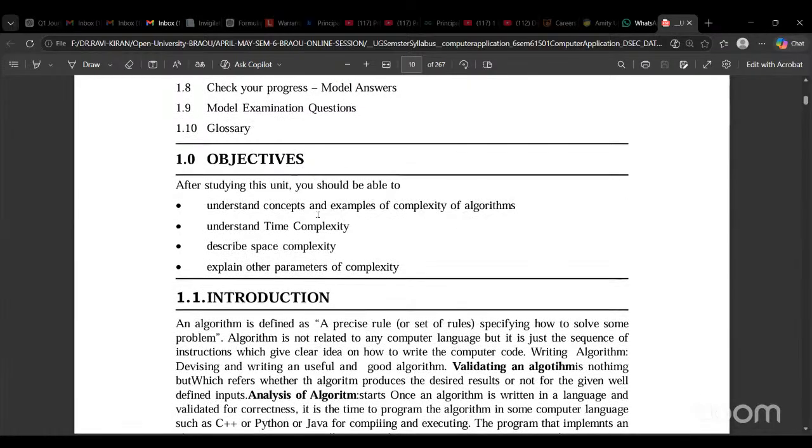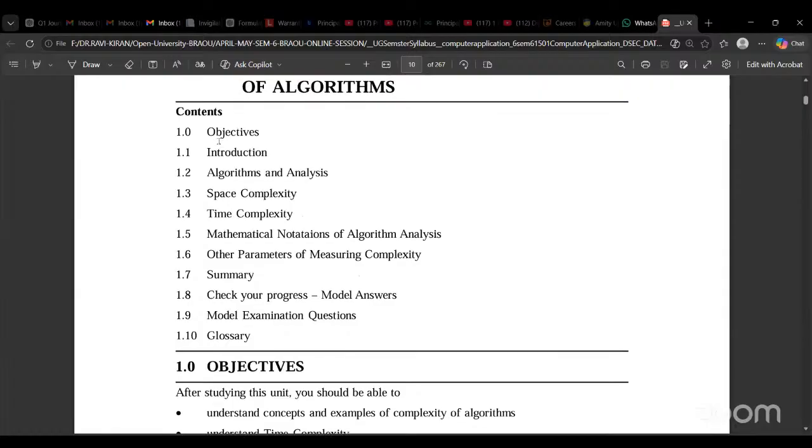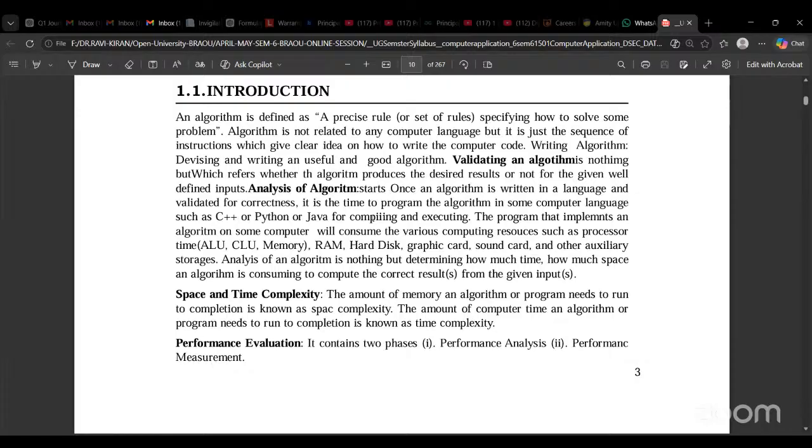As part of this topic, we understand the concepts and the examples of algorithms. We'll understand time complexity and also space complexity. So that is the objective of this topic. Next one is introduction.